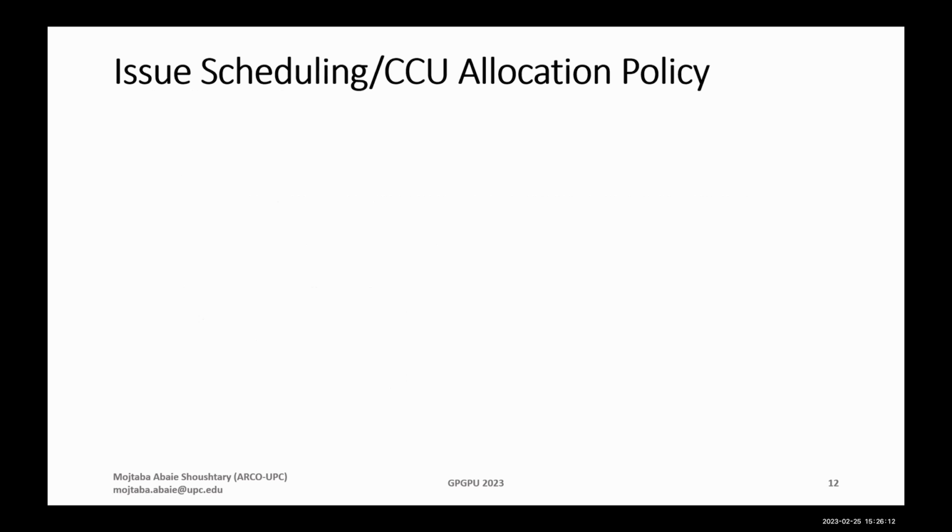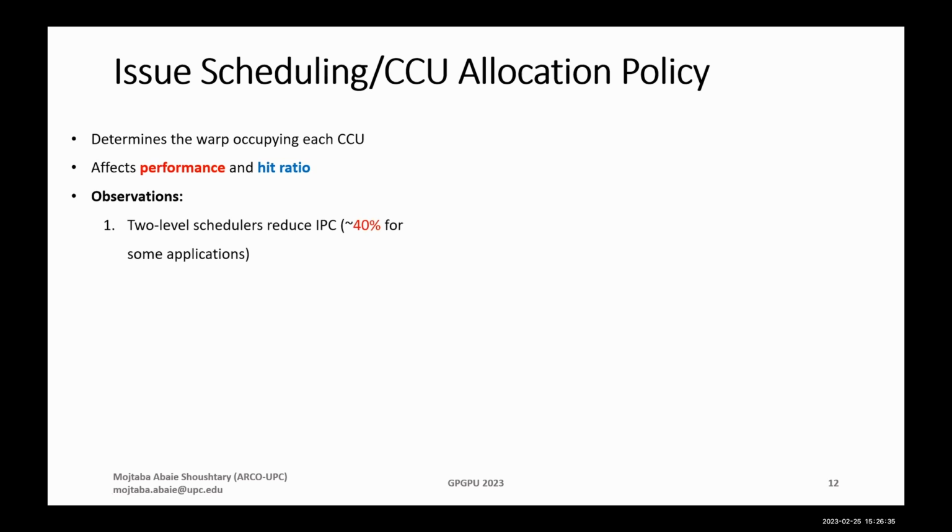Okay, in this slide, I will show you the issue scheduling policy we have. First, the issue scheduling policy will determine which warp occupies each collector unit, and it affects both the performance and hit ratio.